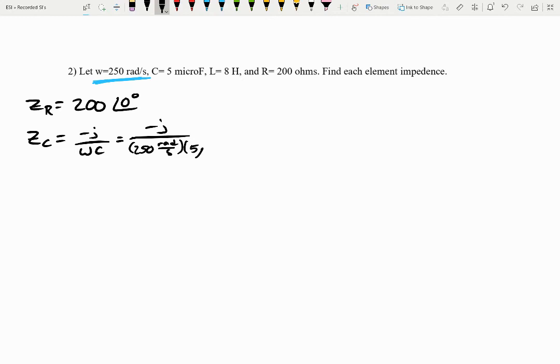And then 5 microfarads for the capacitor. What will that give us? This will give us negative J 800, which is the same thing as saying 800 at angle negative 90. Don't forget that unit. Omega C.